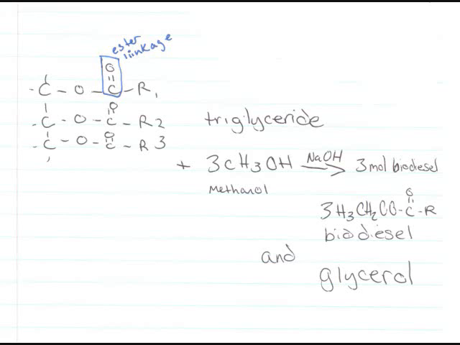So we took this triglyceride and we added 3CH3OH. You didn't realize that's what we were adding, but we were adding the alcohol. So we took a triglyceride and an alcohol, and the sodium hydroxide was a catalyst for the reaction.